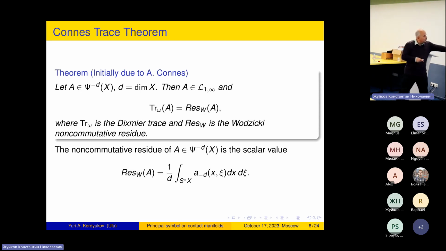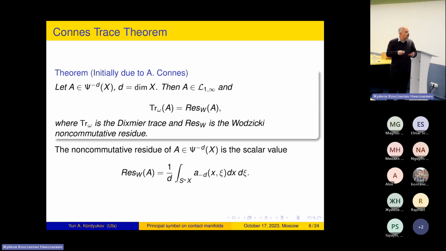And here is the definition of this. It is given completely in terms of symbols. What is remarkable here is that both these functionals are traces, which means that the trace of AB equals the trace of BA.